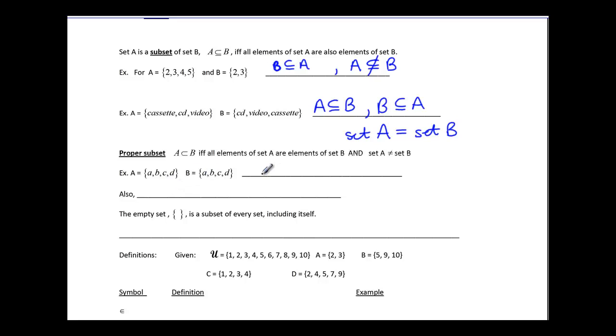So I would say that set A is a subset of set B. Also, set B is a subset of set A. However, A is not a proper subset of B. And we could say the same thing about B, that B is not a proper subset of A.